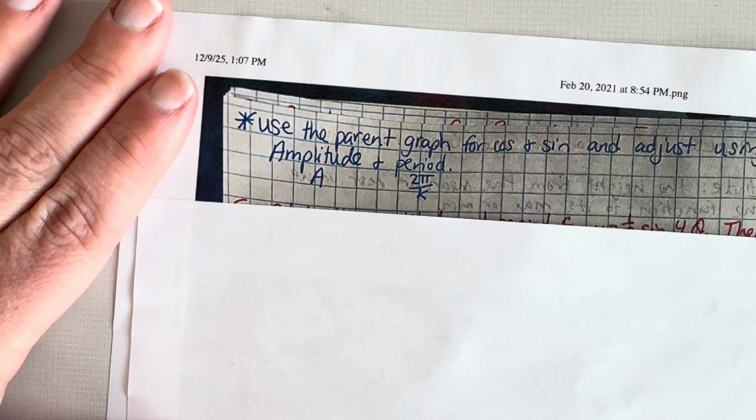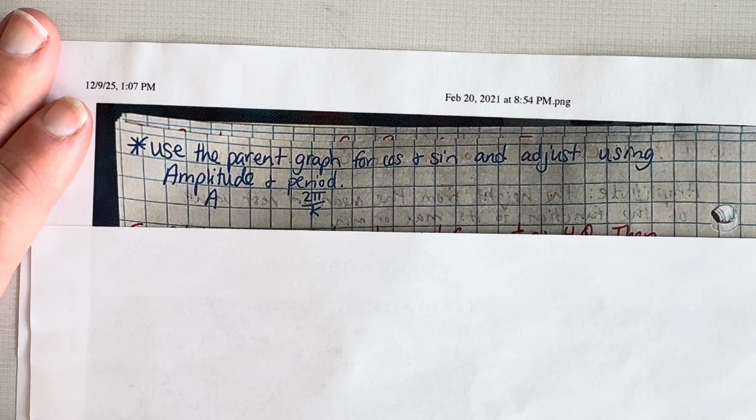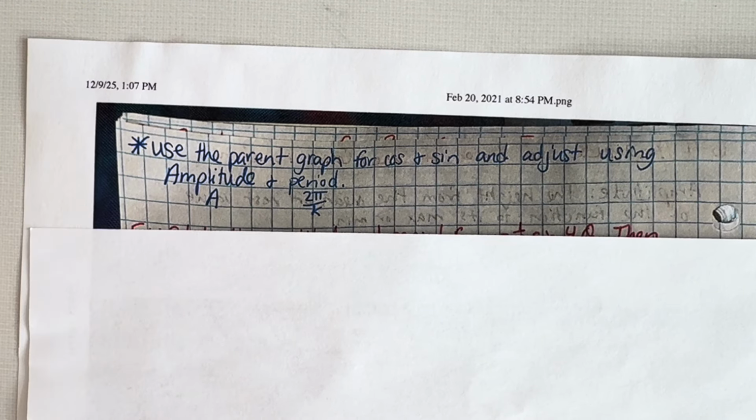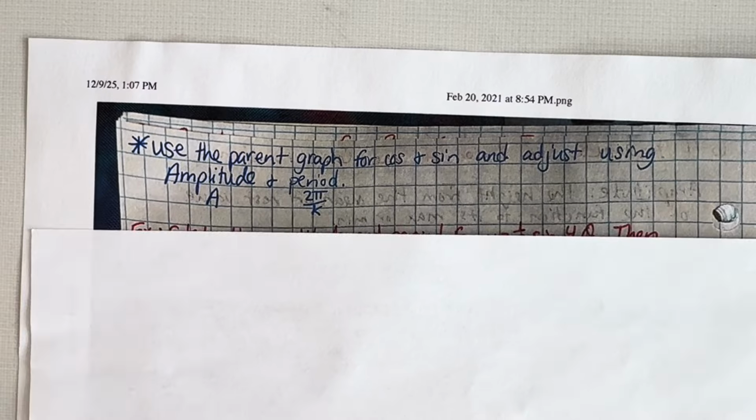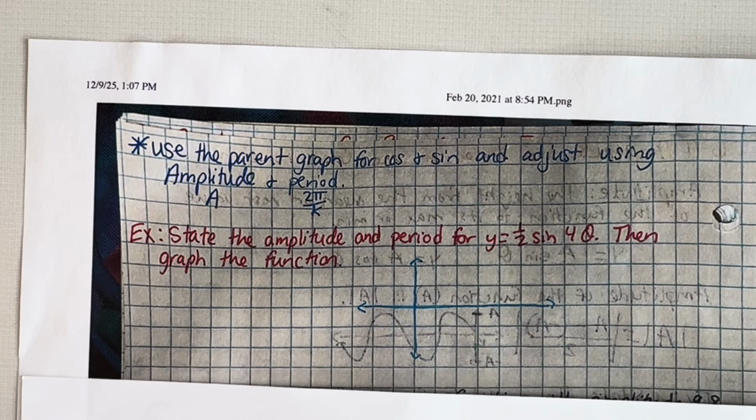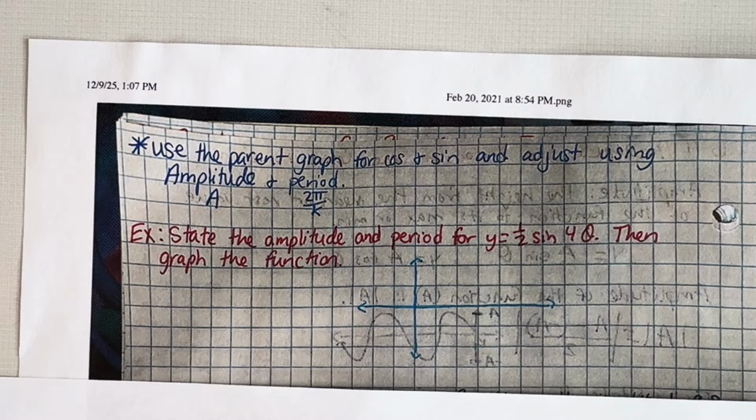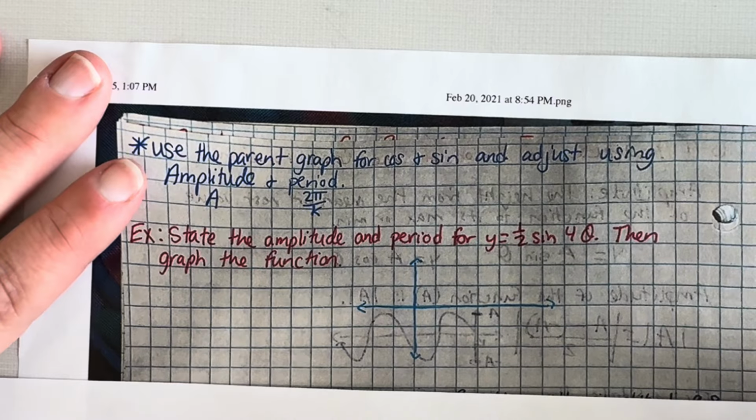So here this says, use the parent graph for cosine and sine and adjust using the amplitude and the period, for a period of 2 pi over k. So it says state the amplitude and the period and then graph the function. So these are the things we know here.